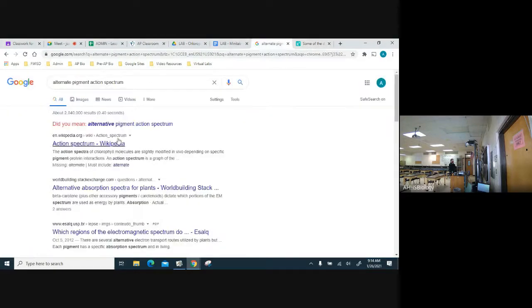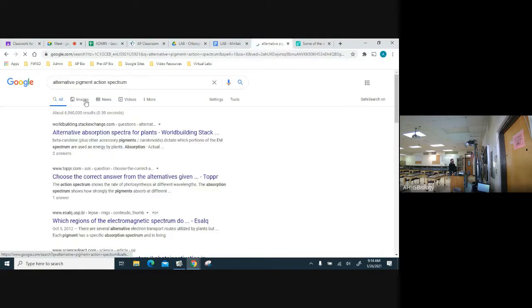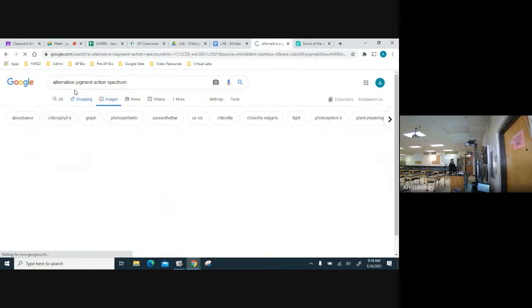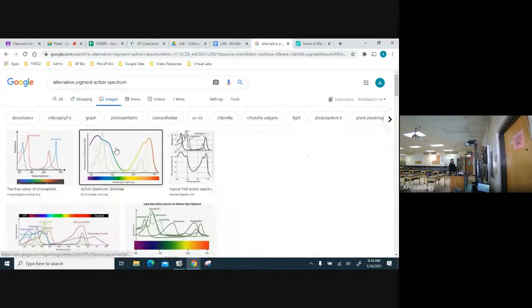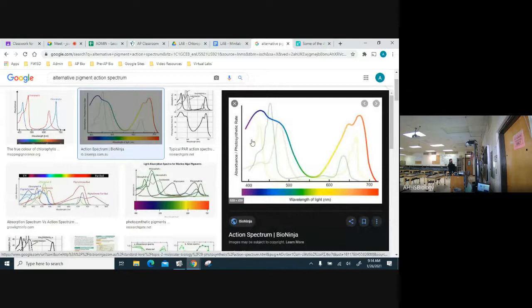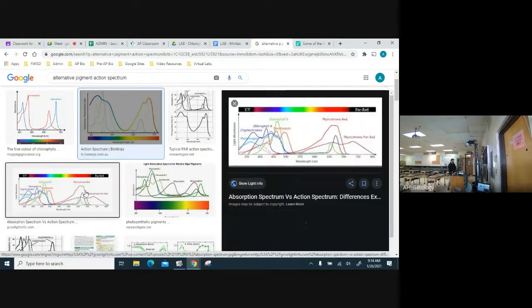All right. Before we look at this, let's take a look at the action spectrum, alternate pigment action spectrum. Something like this. This shows all the different pigments that you can get. I'm not getting a great orange on this one. There's two chlorophylls. Here's an even better one. There's actually more than that.